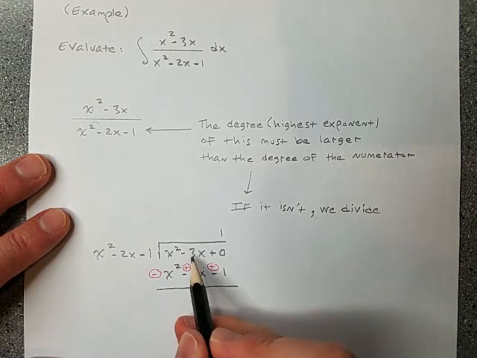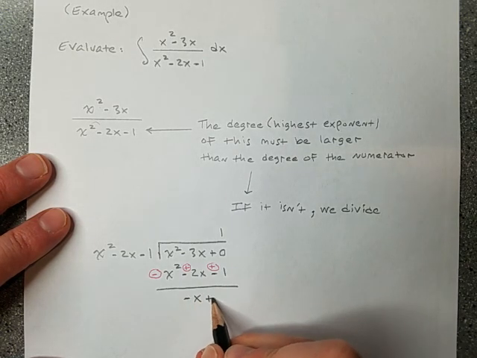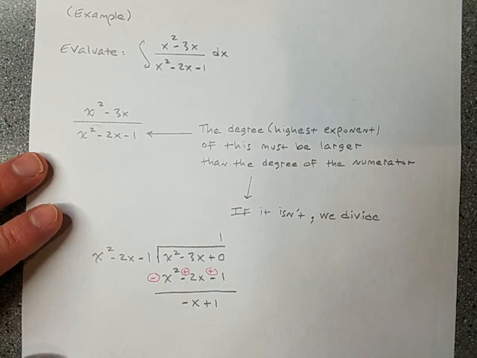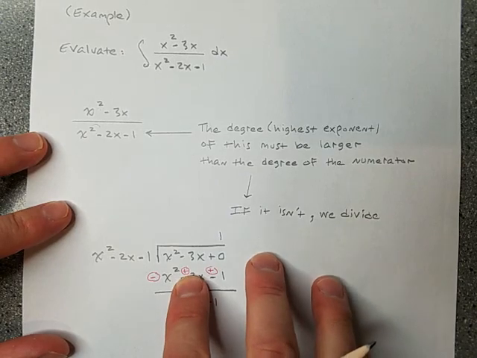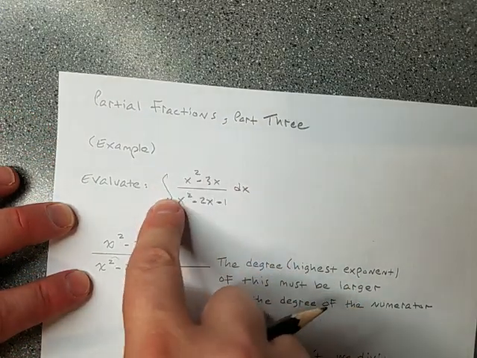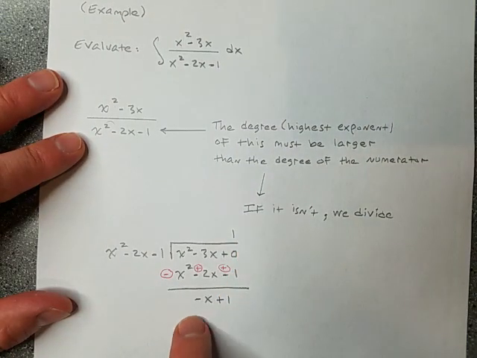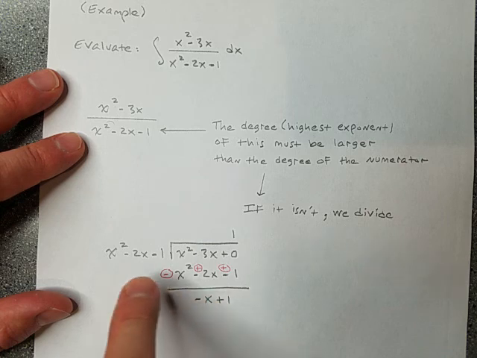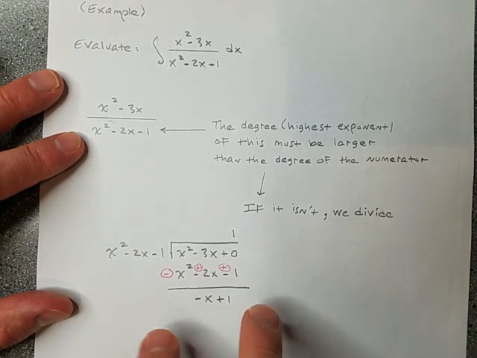So I will get negative x, okay, plus 1. All right. And then this becomes a mixed number. All right, so let's take this and say that when you divide this out, you get 1 plus negative x plus 1 over x squared minus 2x minus 1. We're going to see a mixed number right there.